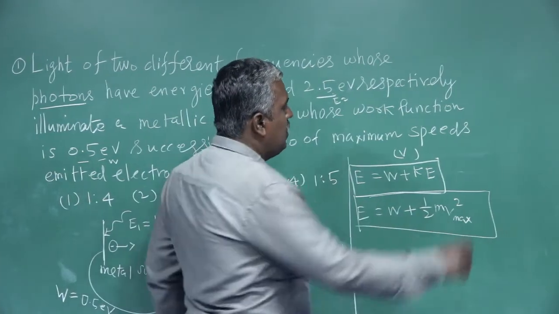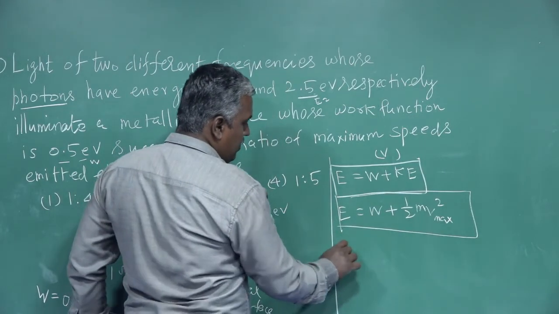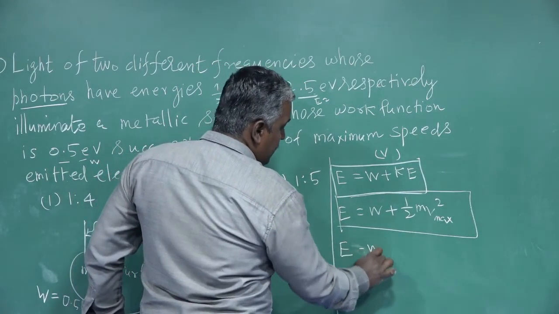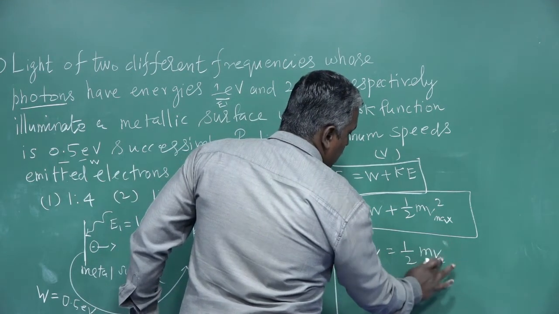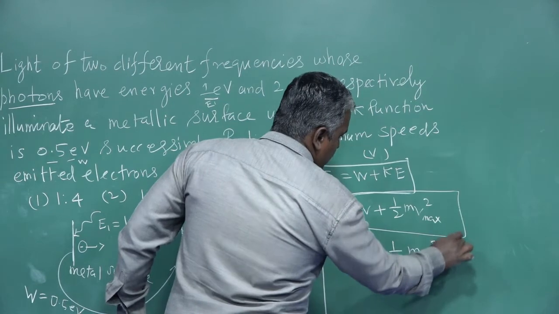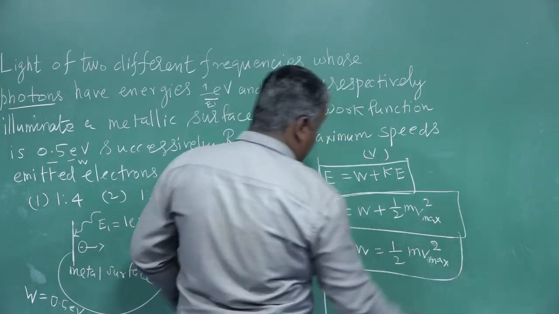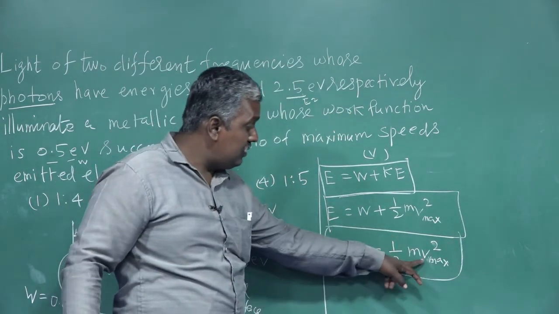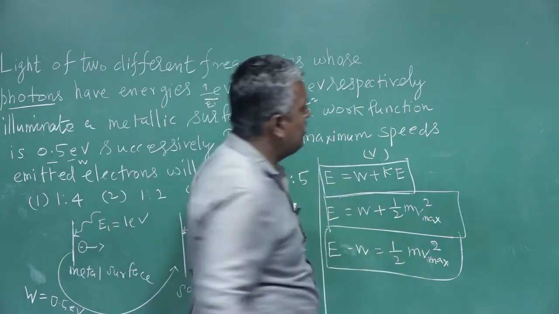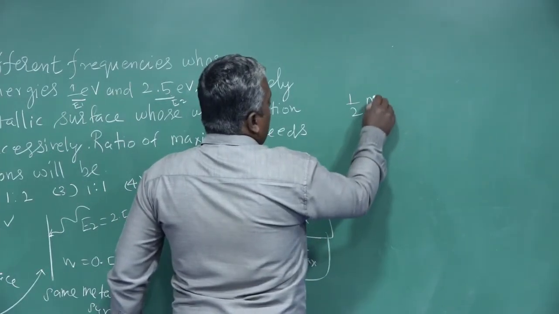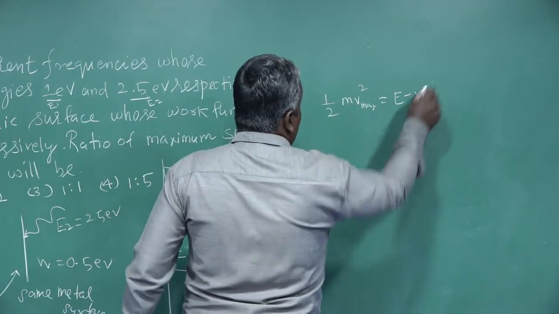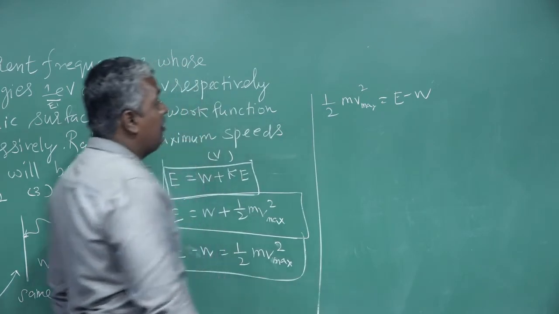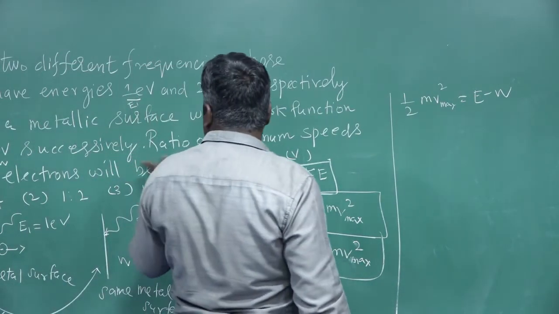Now rearranging this equation, E minus W is equal to half m v square maximum. Here we want to calculate the ratio, so half m v square maximum is equal to E minus W. Here there are two photons, so we consider two different electrons.